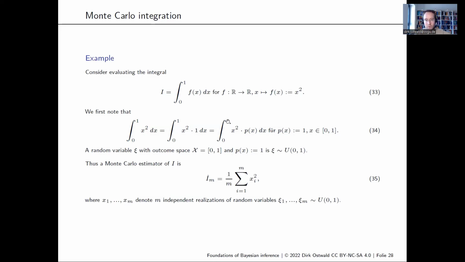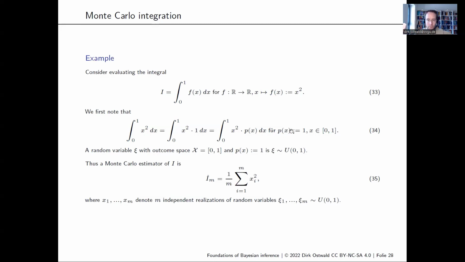If we wouldn't have this on 0 to 1, but on 0 to 2, for example, then of course one would have to think differently, because it wouldn't work with a 1. It would still work, but here it works very nicely because x squared times 1 is then x squared.